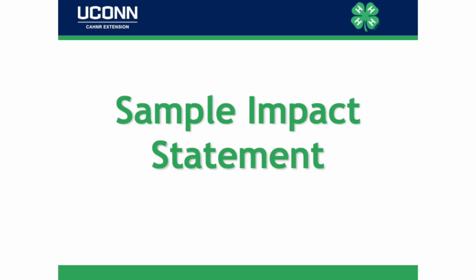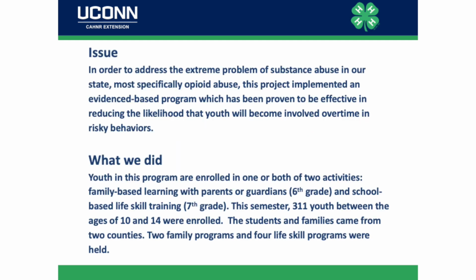So I'm going to give you an example, not because this is great, but because I looked back at federal reports, and I didn't have really great impact statements in 4-H, unfortunately. So this is actually similar to the one group, might be the same data.